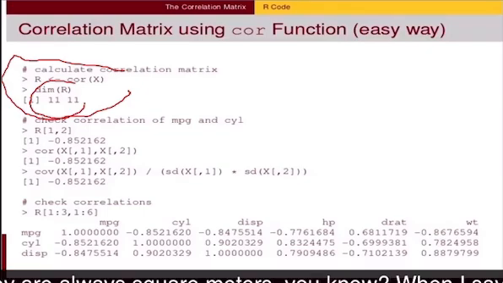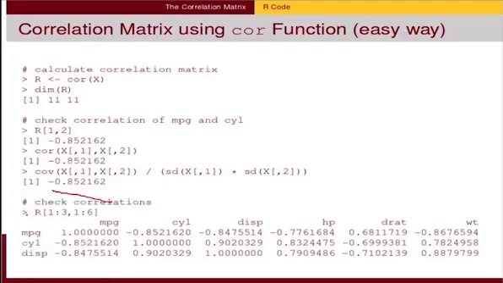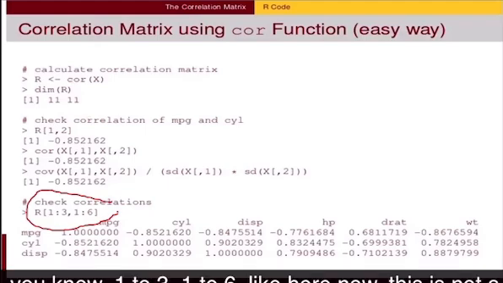When I say square matrix, the number of rows and the number of columns are always going to be the same. But it depends. If you are not interested in the whole data set, like in the one I did here, where I specify that I want a correlation of 1 to 3, 1 to 6, this is not a square one.